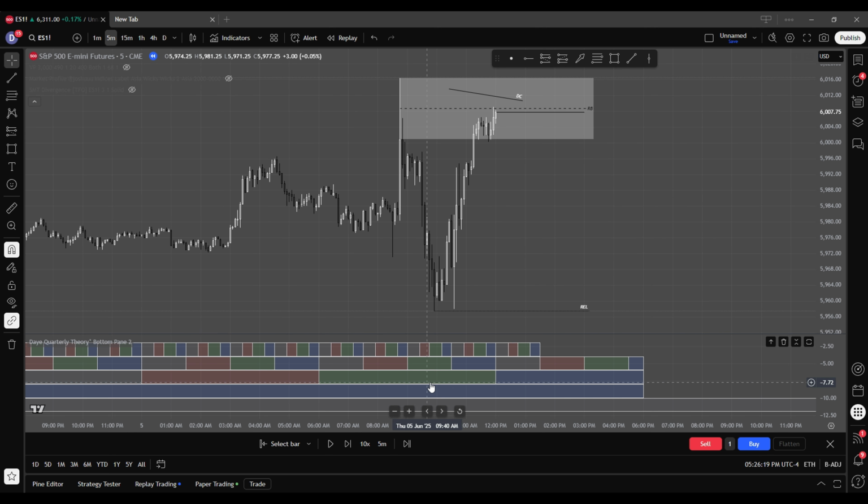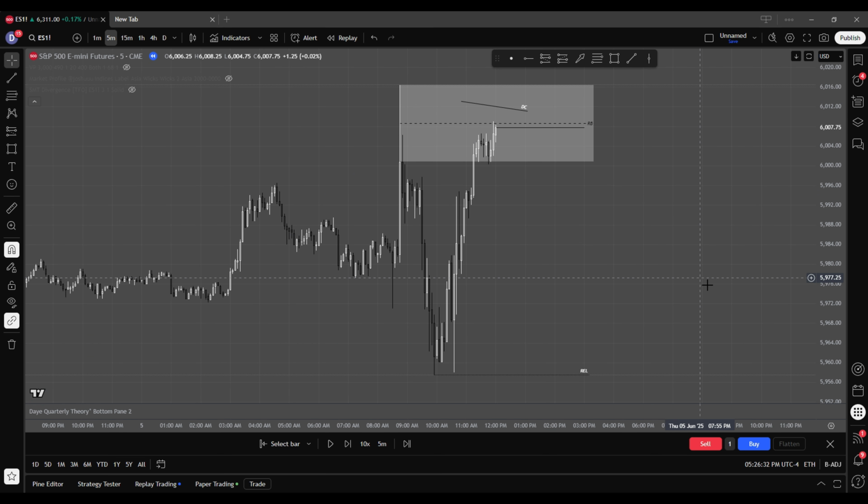Let me go. Oh, I don't even know I had that, but we have a daily cycle sequential SMT on here. So we have another indication that price is going to push lower.